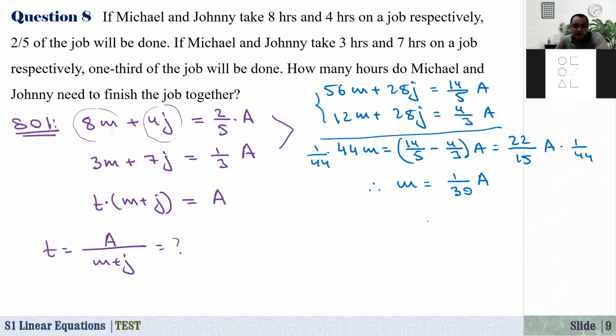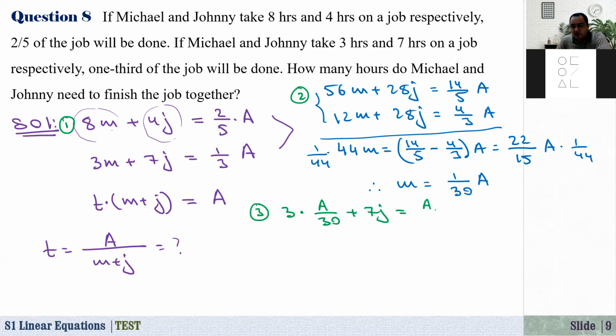Now if I substitute this into the first and the second equation, we will get the value of J. Let me substitute into the second equation. That is 3 times M. What is M? It is A over 30, plus 7J.